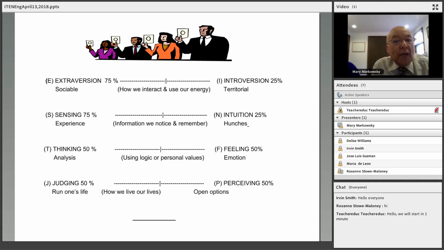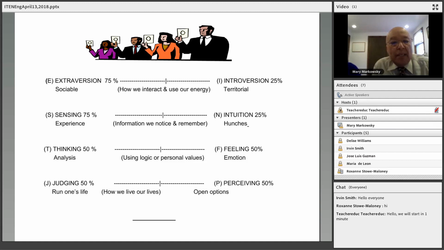They concentrate by themselves alone, and they think before responding. This is how, like it says in the middle, how we interact and use our energies. If you can choose from either side who you are, I would like you to put an X or a check mark in the spaces that you see there. Either extroverted or if you're introverted.